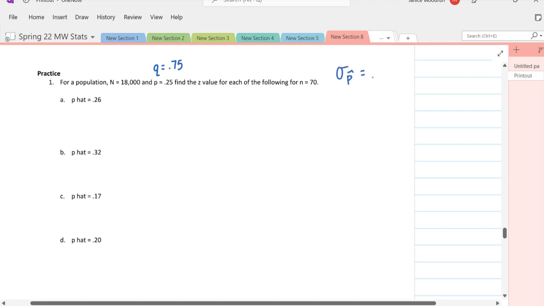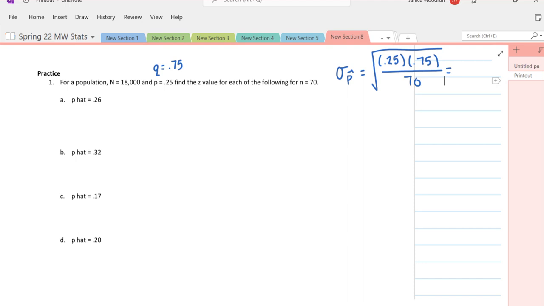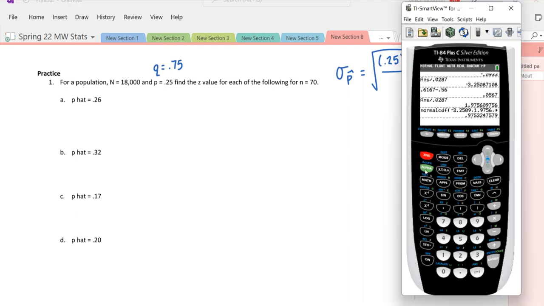So 0.25 times 0.75 over 70, square root of all of that. So we get square root, 0.25 times 0.75, close the parentheses, divided by 70, enter. So 0.0518 for that standard deviation.